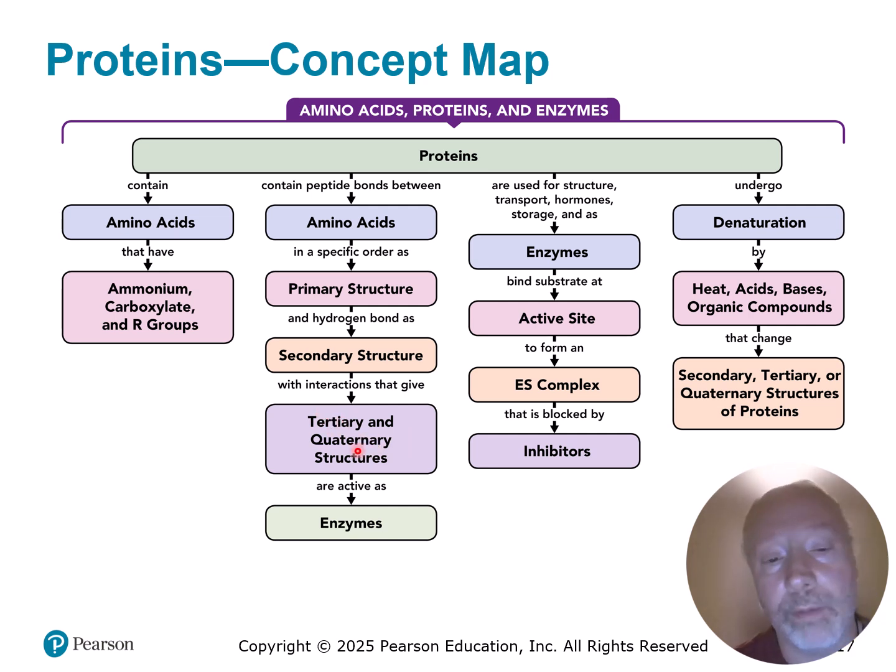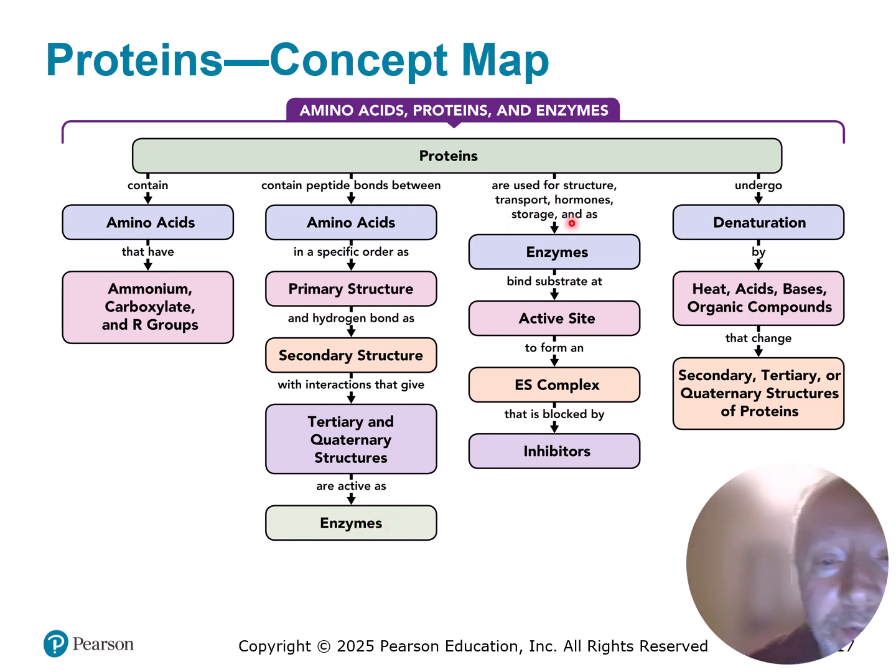Quaternary structures come from individual proteins or peptides interacting with each other to form complex multi-subunit proteins, such as hemoglobin, which has 4 proteins associated together to form a complex. These do not have to be enzymes, by the way. You can have enzymes, which can be a single protein or a single peptide that's longer than 50 amino acids, or it can be multiple peptides that make up an enzyme.